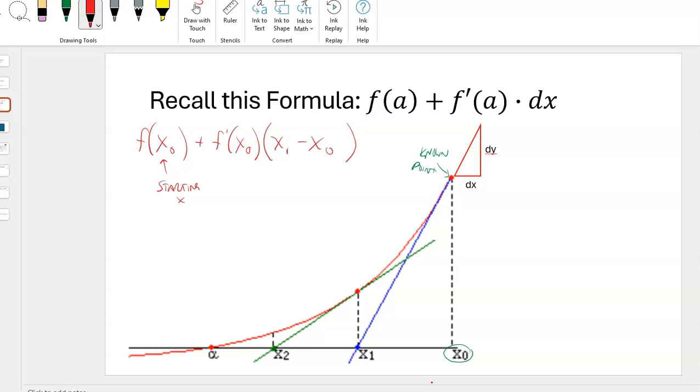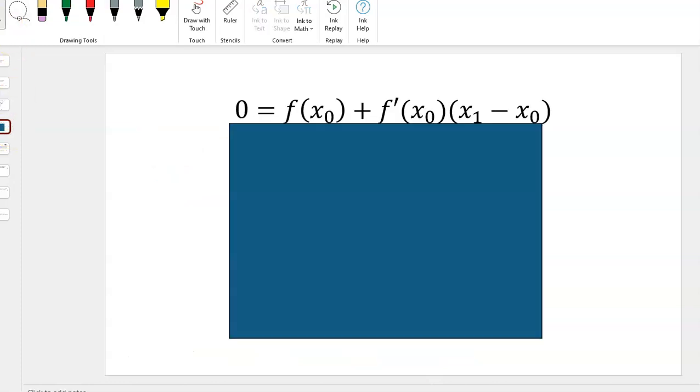Now using that formula, we're going to be able to figure out something interesting. You notice again, we're going to be interested in these solutions down here on the x-axis, where these tangent lines hit the x-axis. And you know from your Algebra 1 and Algebra 2 days that in order to figure that out, I'll need to set that equation equal to 0 to figure out where those roots are. Now let's see what happens when I play with this equation a little bit.